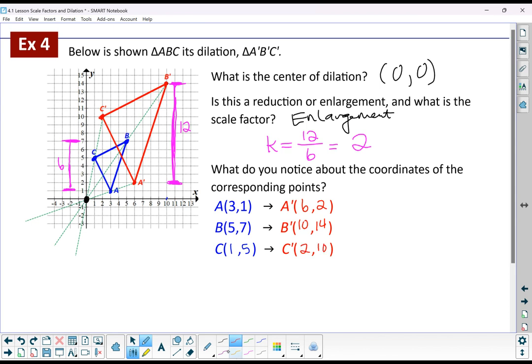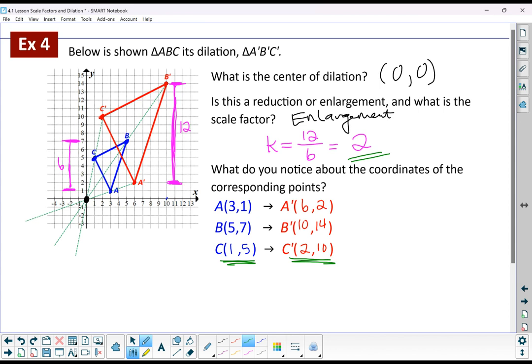So when you're looking at all of these, hopefully you have noticed that the scale factor not only multiplies the lengths in the shape, it also multiplies the coordinates of the shape. With a dilation, it's not just about the size of the shape, it is also about its position, and its position is relative to that center of dilation.